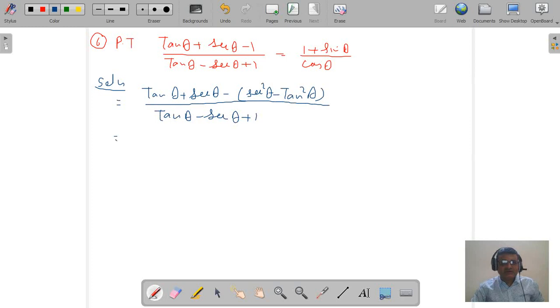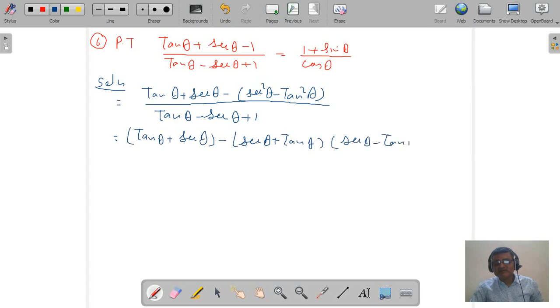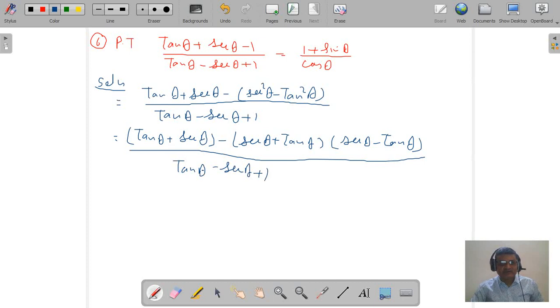So what we can write is tan theta plus sec theta minus, we can factorize it here, (sec theta plus tan theta)(sec theta minus tan theta), whole divided by tan theta minus sec theta plus 1.